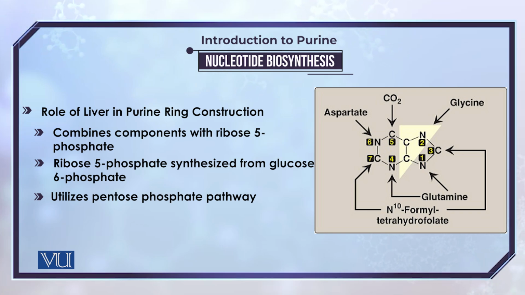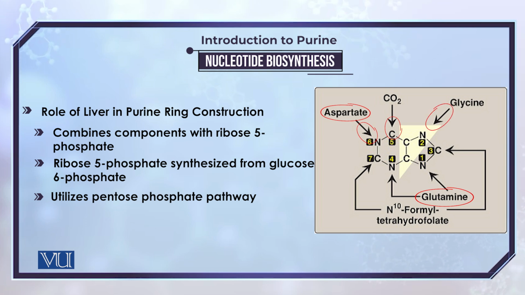For instance, glycine, aspartate and glutamine give the nitrogen component of the purines, carbon dioxide gives the carbon component, and one nitrogen is donated by formyl tetrahydrofolate. You can see it here: glycine giving nitrogen, aspartate also nitrogen, glutamine also nitrogen, CO2 giving carbon, and formyl tetrahydrofolate giving nitrogen.